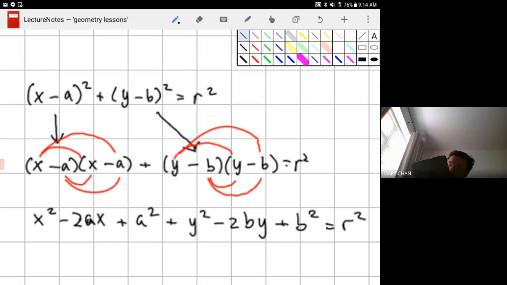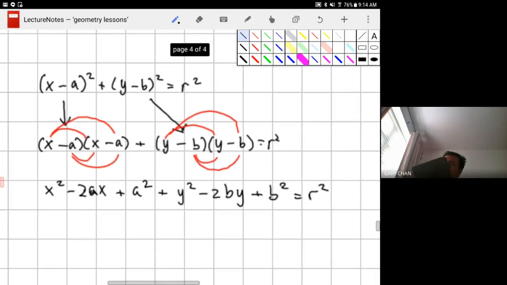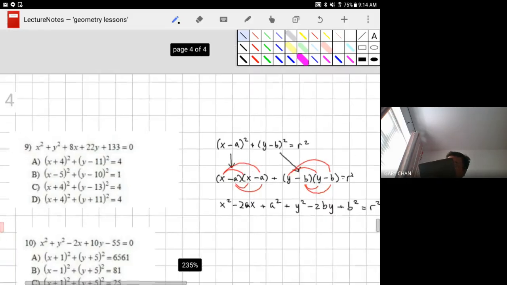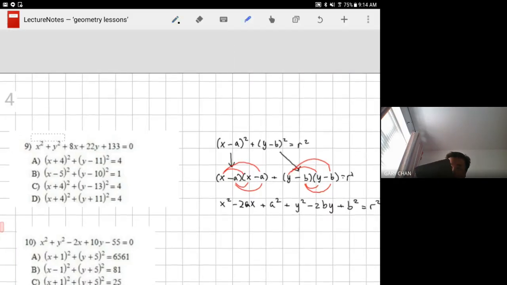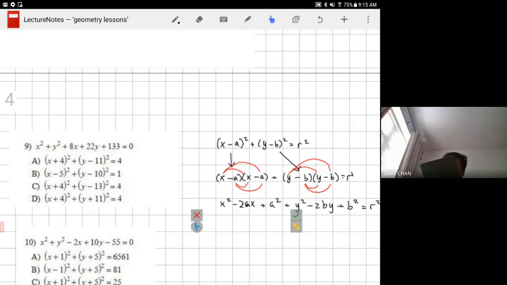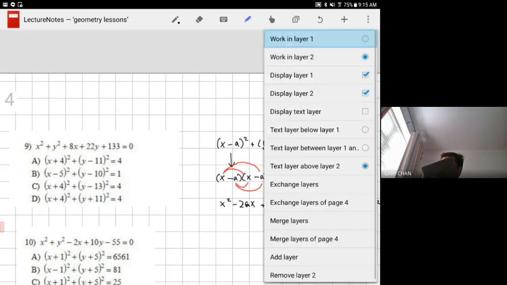Okay, so the equation of a circle that you're given right now is this thing over here. I want to copy this.